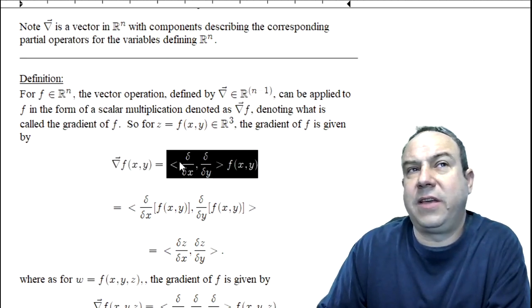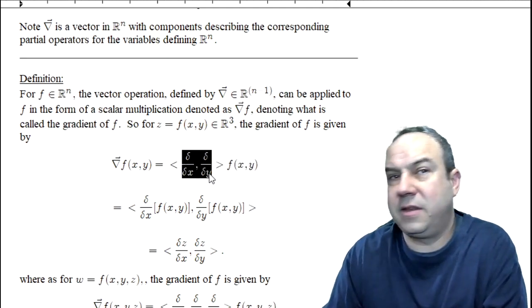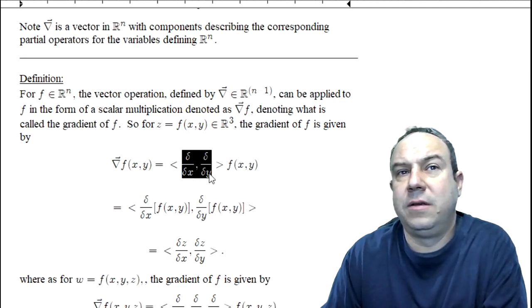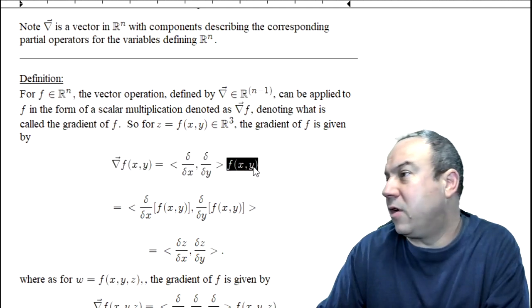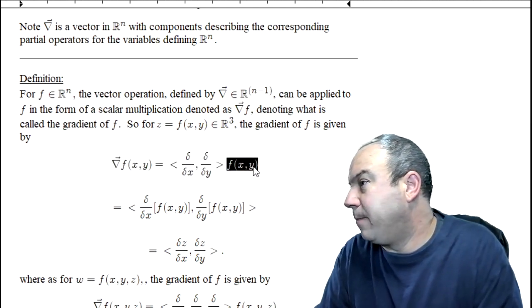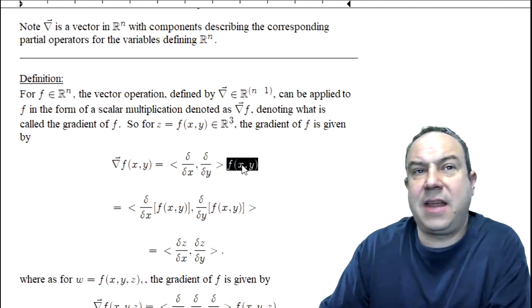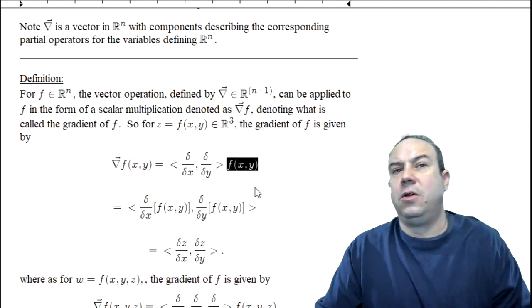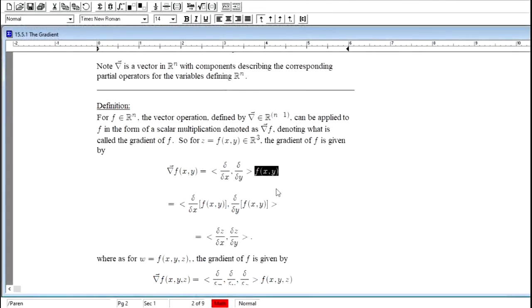It is given by the del operator, the vector with the partial with respect to x and the partial with respect to y, multiplied by the multivariable function f of x comma y, which acts a lot like scalar multiplication. That function will distribute itself across the terms of that vector.